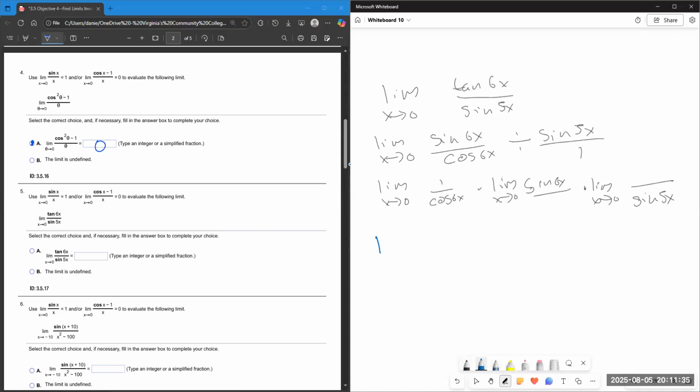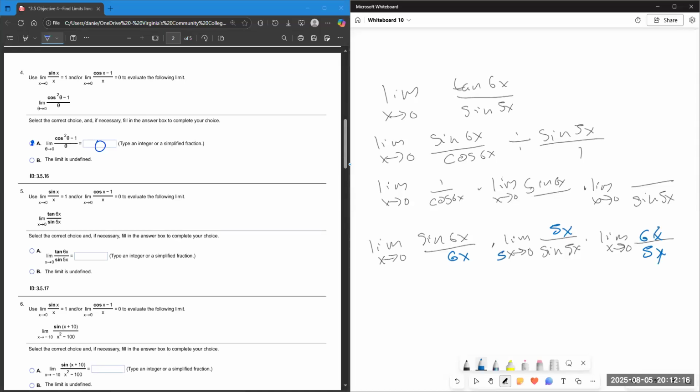So this is going to be, let's just rewrite that then, since that's a 1. So this is limit as x goes to 0 of sine of 6x over something times limit as x goes to 0 of something over sine of 5x times limit as x goes to something of, and I'll have my extra pieces here, 6x, 6x, 5x, 5x, and x's will go away here.